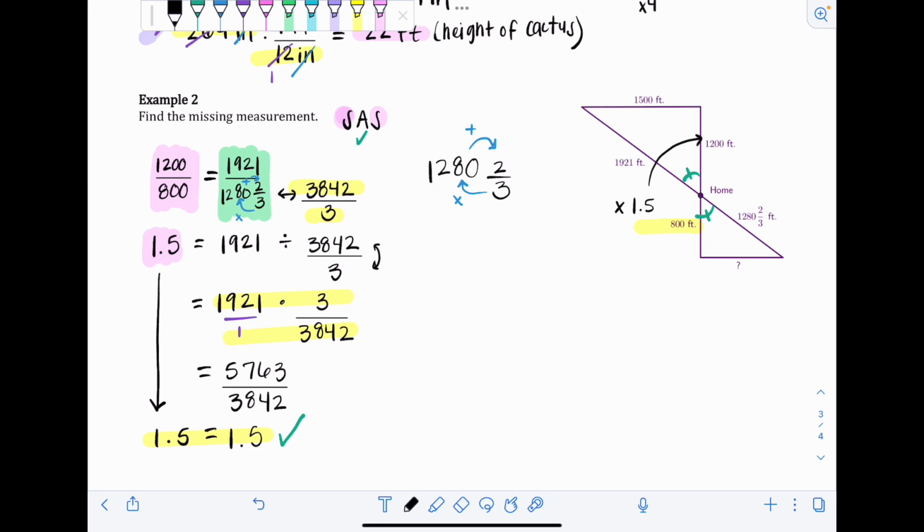So we multiply the small sides by 1.5 to get the large sides. I have a large side and I want a small side, so I have to go backwards. So I have to take that 1,500 and divide by 1.5. So if I take 1,500 and divide it by 1.5, that's 1,000. So after all that, it's 1,000.